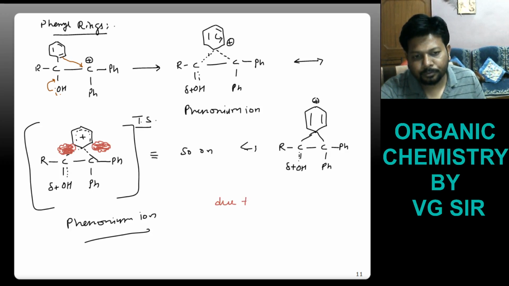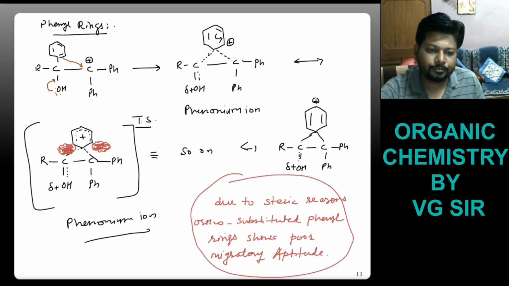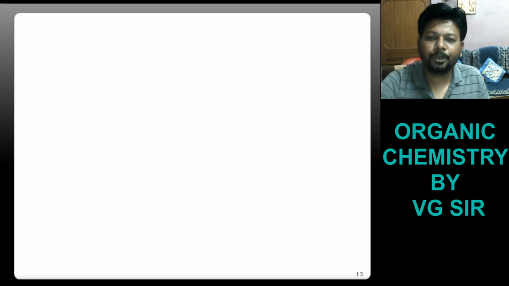So due to steric reasons, ortho substituted phenyl rings show poor migratory aptitude. Is that clear? Okay, so this is all about migratory aptitude and migration.